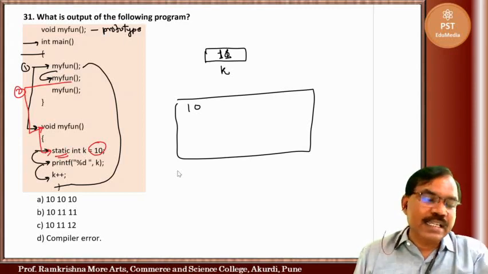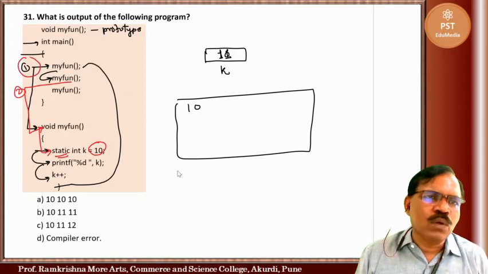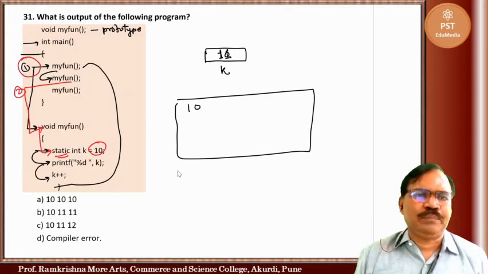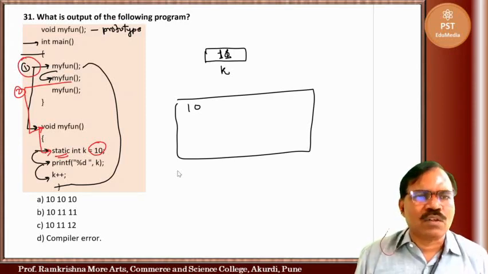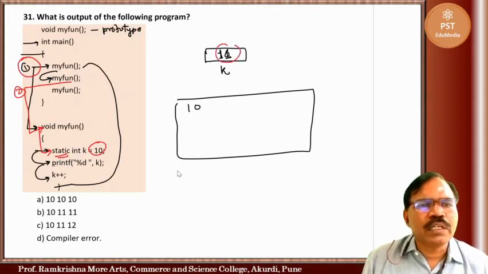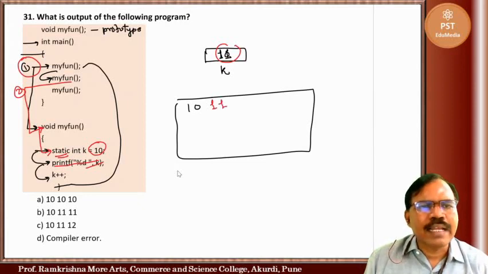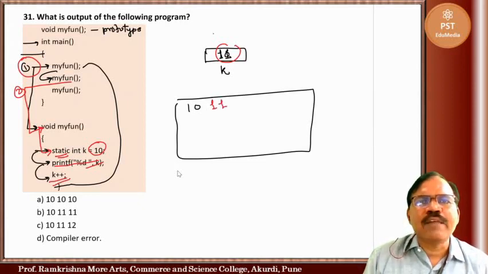It will take earlier value of k, whatever last value we got in first call, which is 11. So it will print 11. And then k is increased. K will become 12. Then it goes back now.